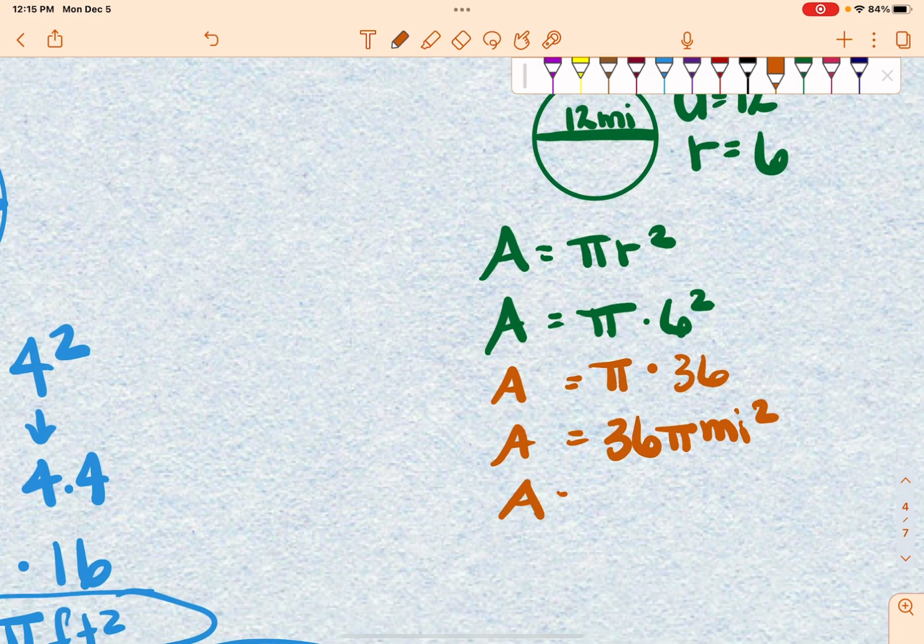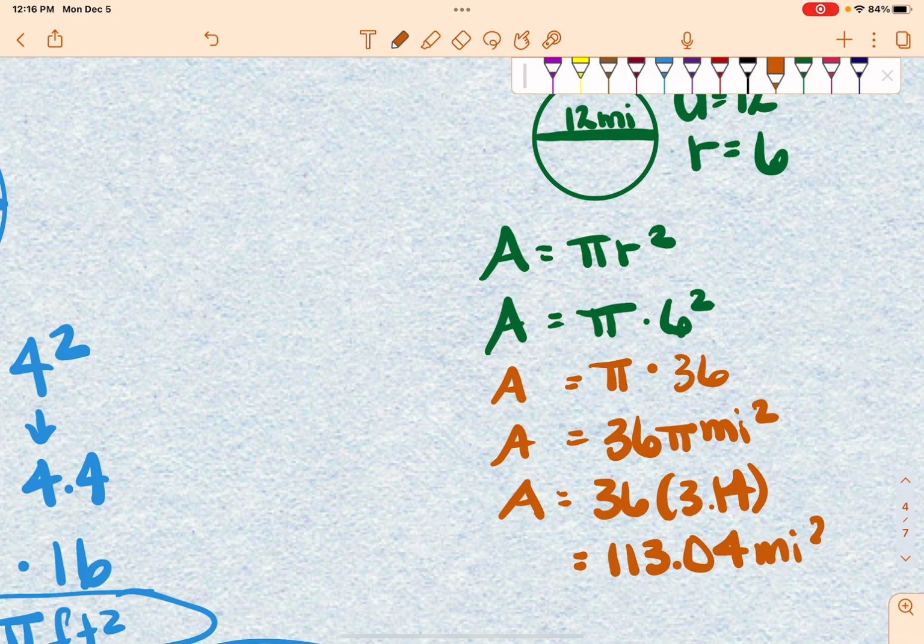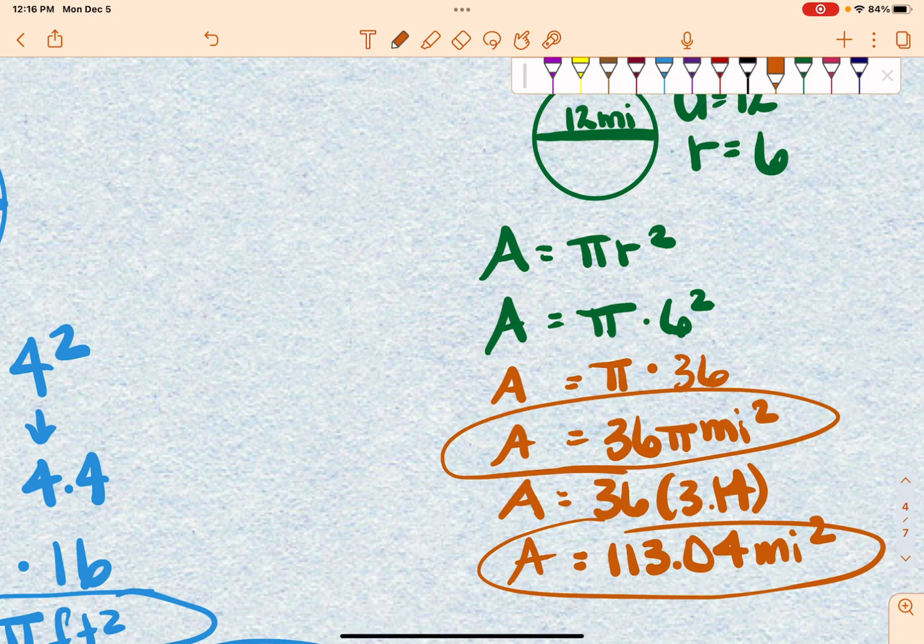Or if I wanted to take out that pi and put in 3.14, it would be 113.04 miles squared. So either one of those would be acceptable answers. Again, sometimes you have to look at what they give you so you know what to mess with. Okay, next part we're going to deal with is going to be surface area and volume.